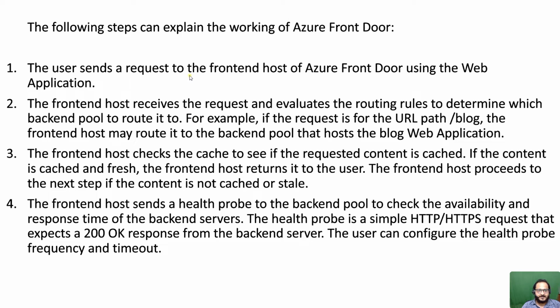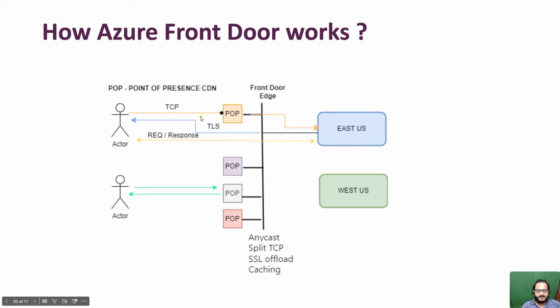So the first user sends a request to the front-end host of Azure Front Door using the web application. The front-end host receives the request and evaluates the routing rules to determine which backend pool to route it to. For example, if the request is for the URL path blog, the front-end host may route it to the backend pool that hosts the blog web applications. So for example, the user wants to access blogs which are hosted in the East or West US region.